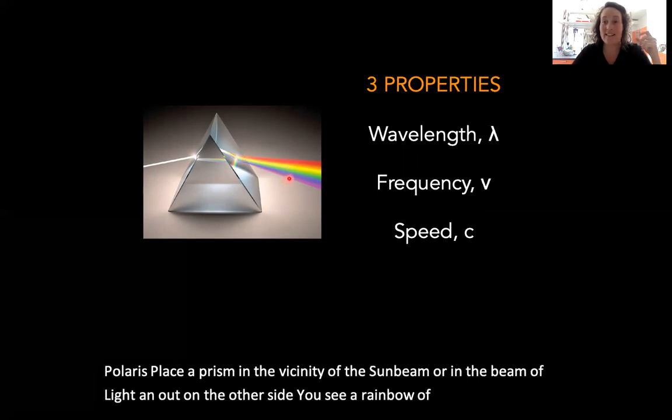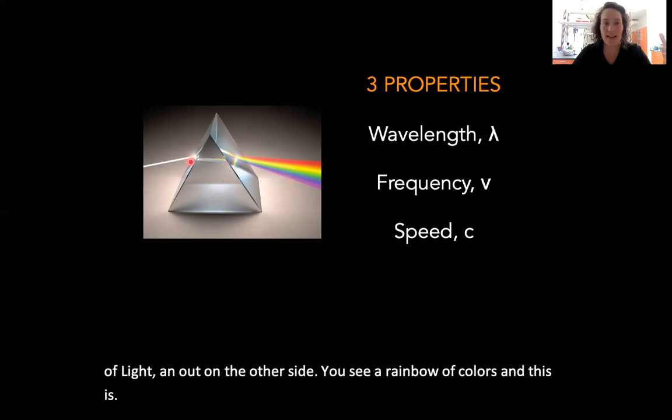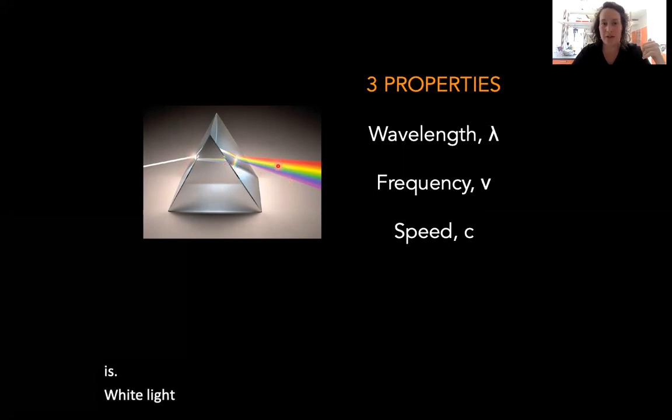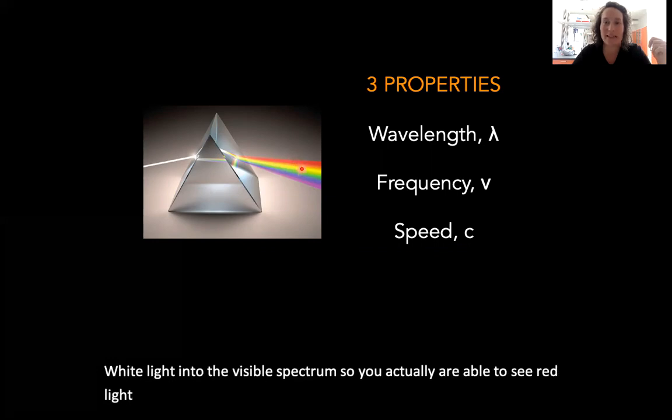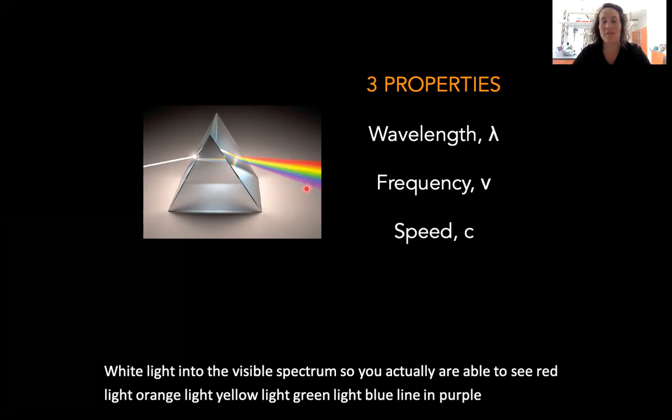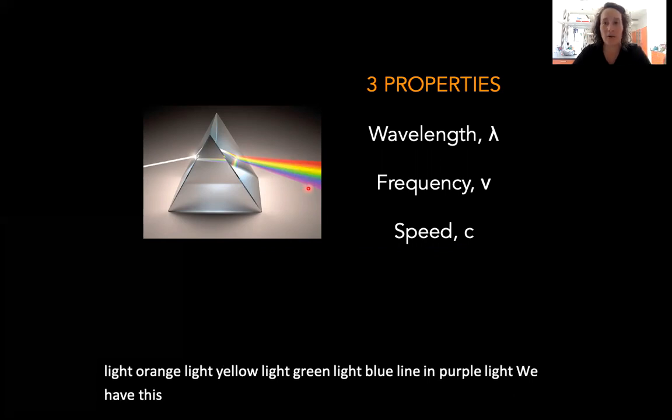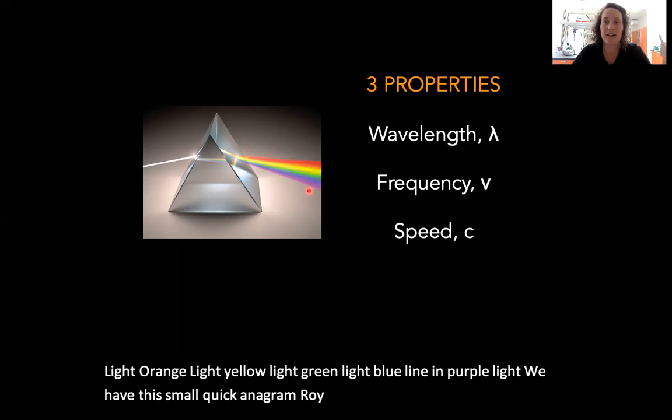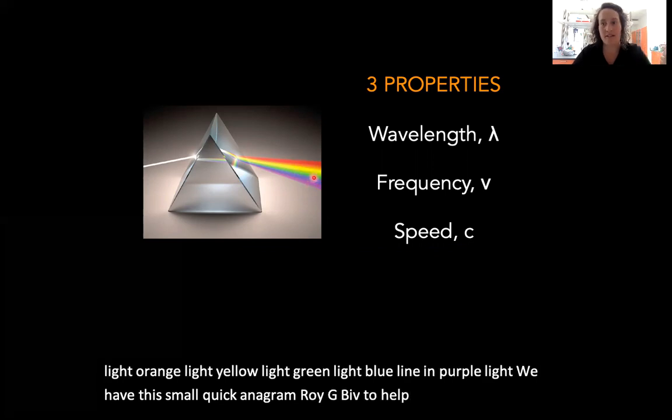This separates white light into the visible spectrum. So you actually are able to see red light, orange light, yellow light, green light, blue light, and purple light. We have this quick anagram, Roy G. Biv, to help us remember the order of the colors of the rainbow.